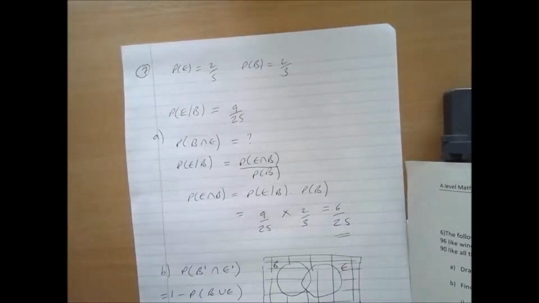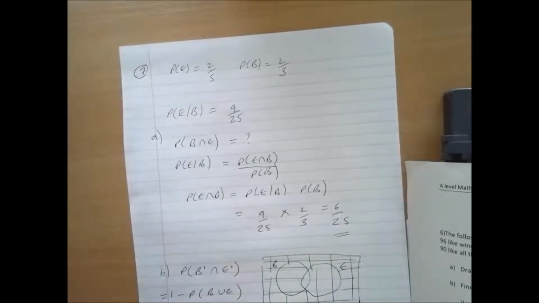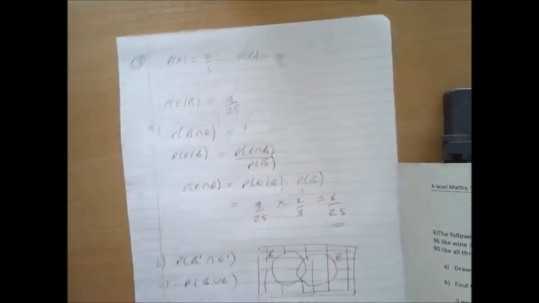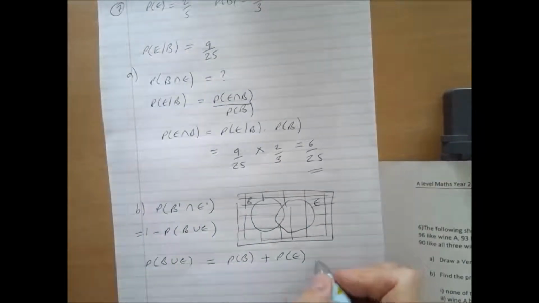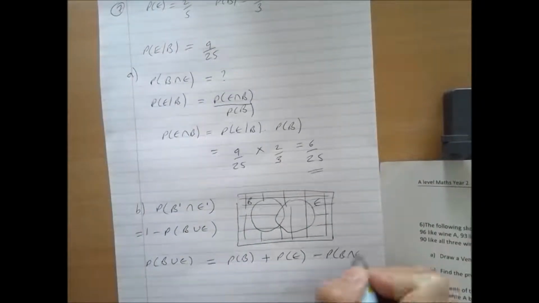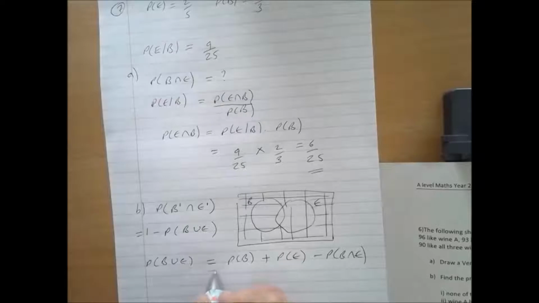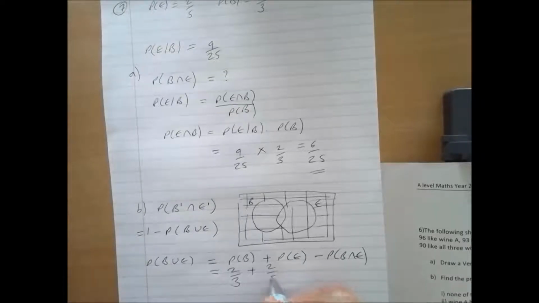So I got my union by my addition law. That's equal to the probability of B plus the probability of E. Take away the intersection. The probability of B is 2/3. Probability of E, 2/5. Take away the intersection. I've just found out that was 6/25.